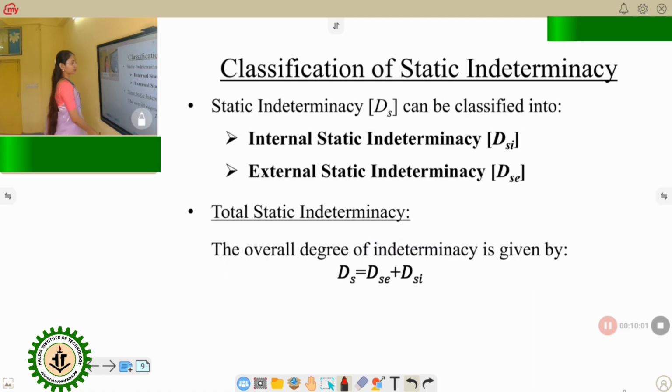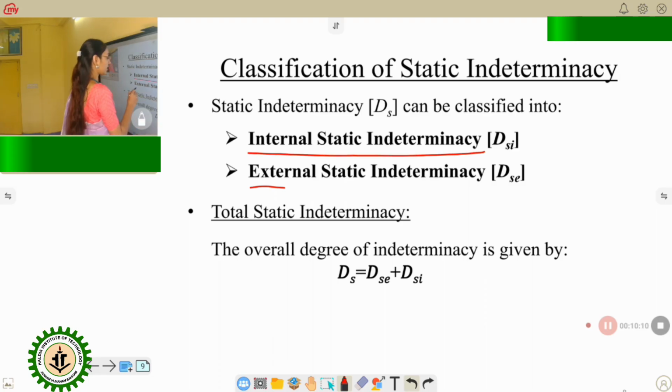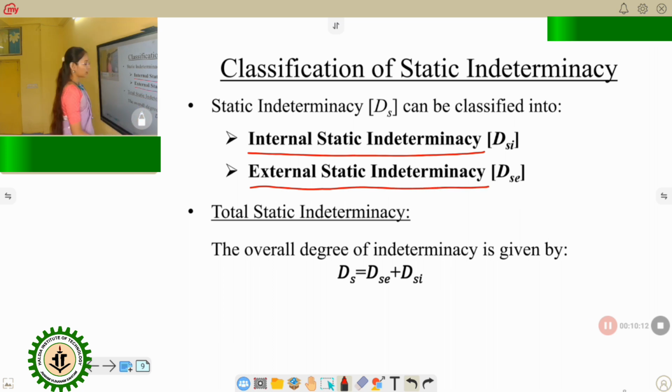Next, how many divisions are there for static indeterminacy? Static indeterminacy includes internal static indeterminacy and external static indeterminacy. It is the summation of these two: static indeterminacy for internal and for external.